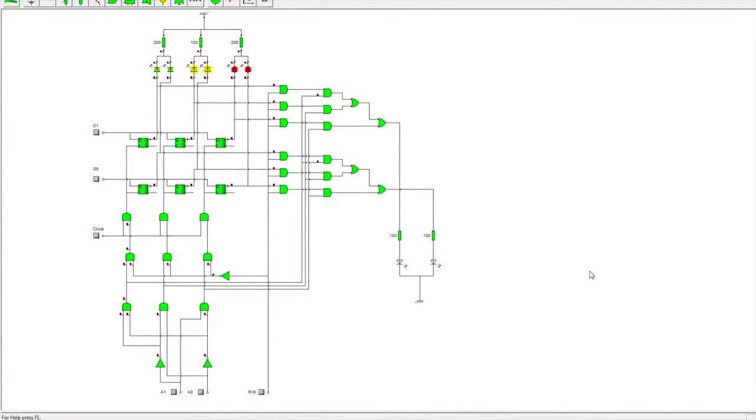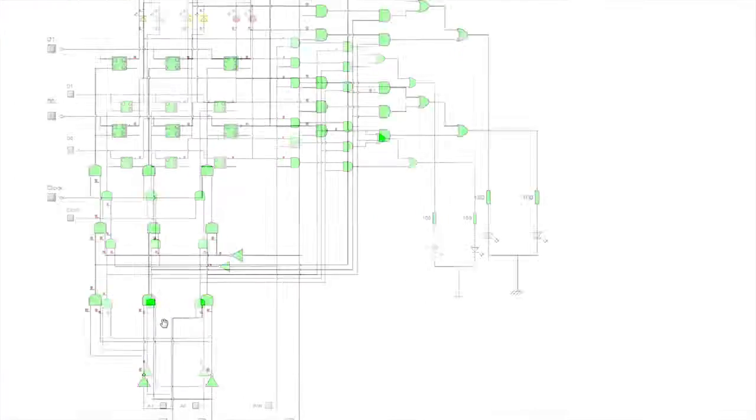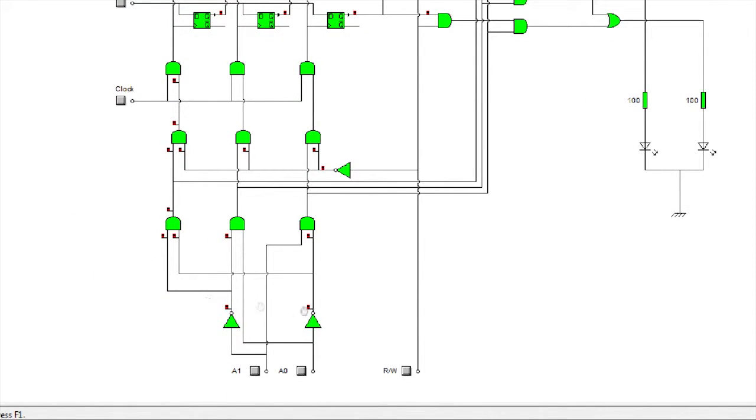So what we have here is a 3x2 memory circuit schematic. This is what I used to help me create my own circuit because it's very organized and it separates the different components visually. As you can see, this is the address encoder, which is supported by these 9 AND gates and 2 NOT gates.